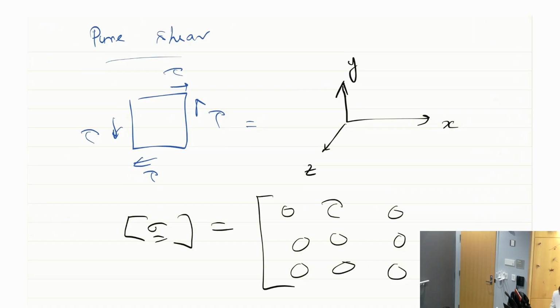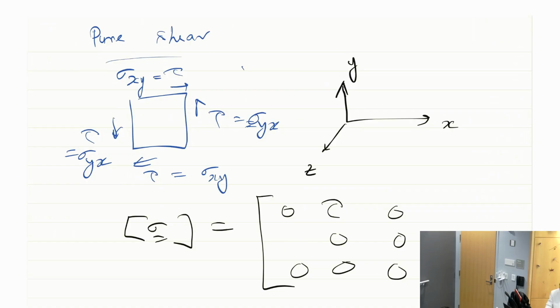Will there be symmetrical shear? With this coordinate system, these are the components I filled here. You're absolutely correct.